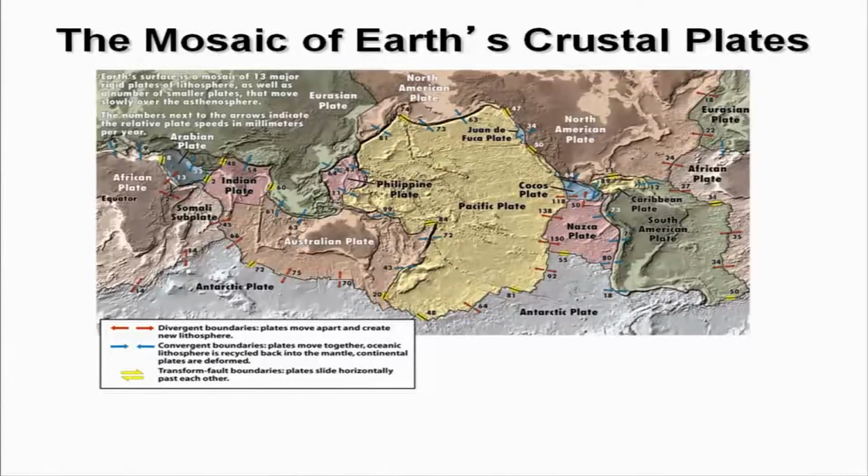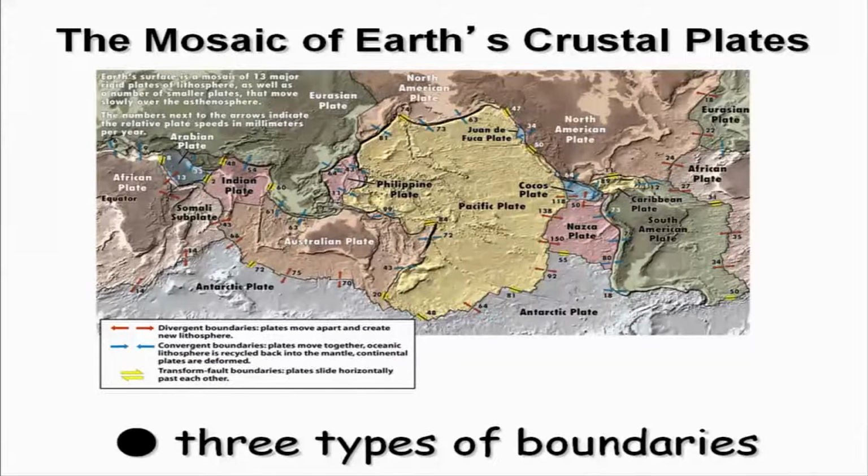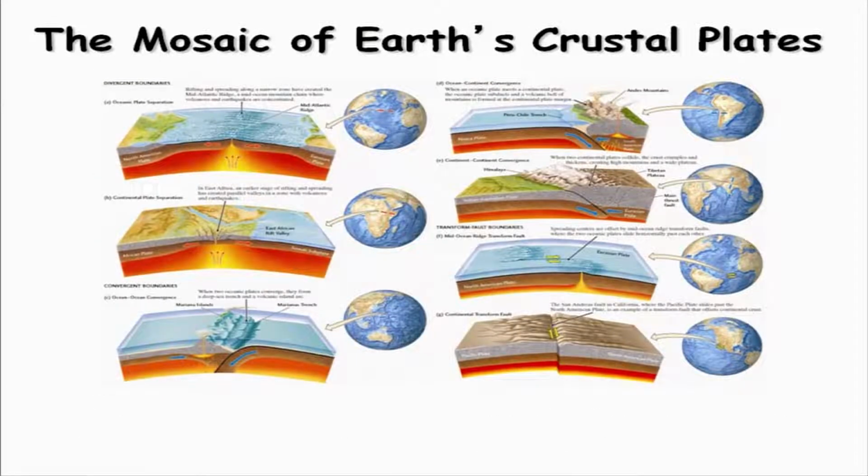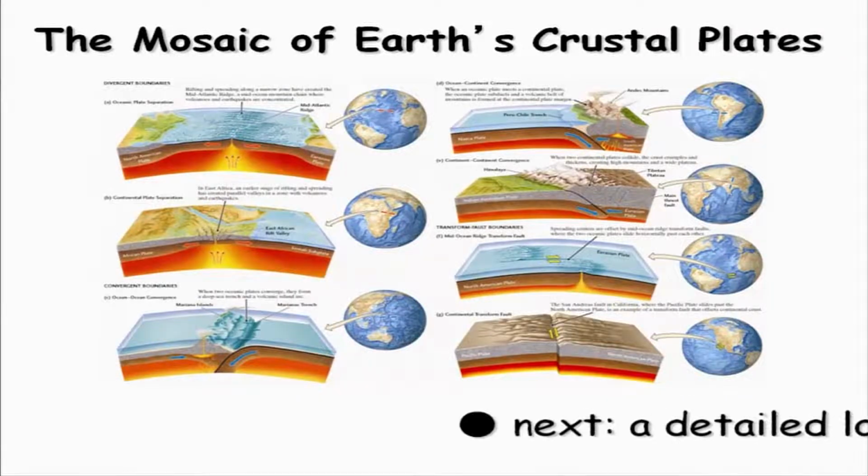So, in the mosaic of rigid plates, if you look, there are three types of boundaries: divergent, convergent, transform, and these are the examples, where we have discussed in detail the spreading centers, the collision zones, and the subduction zones.